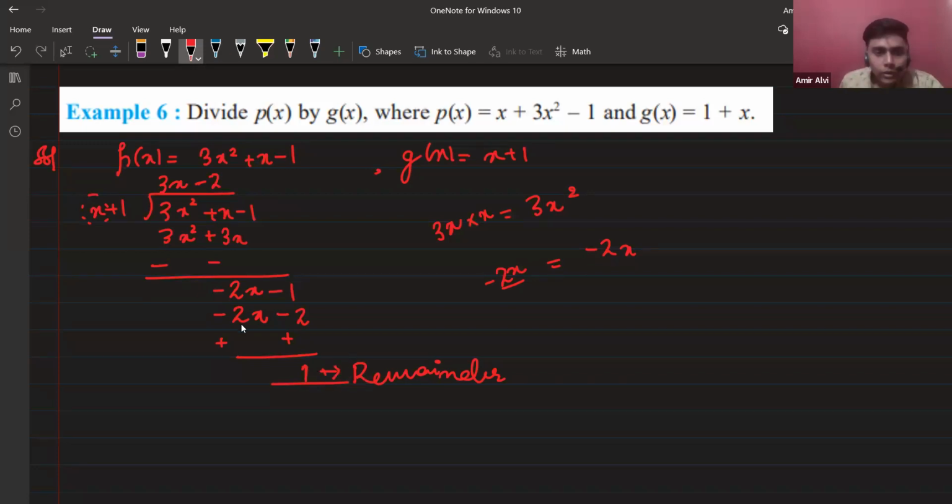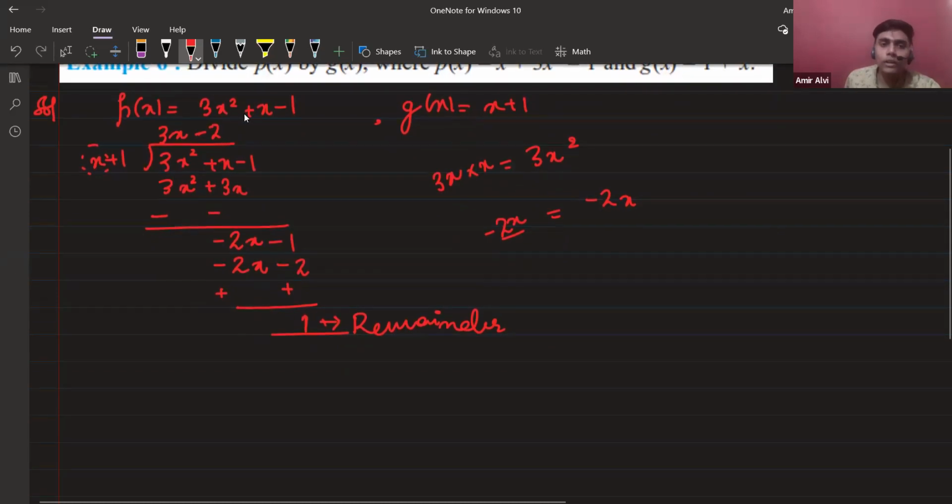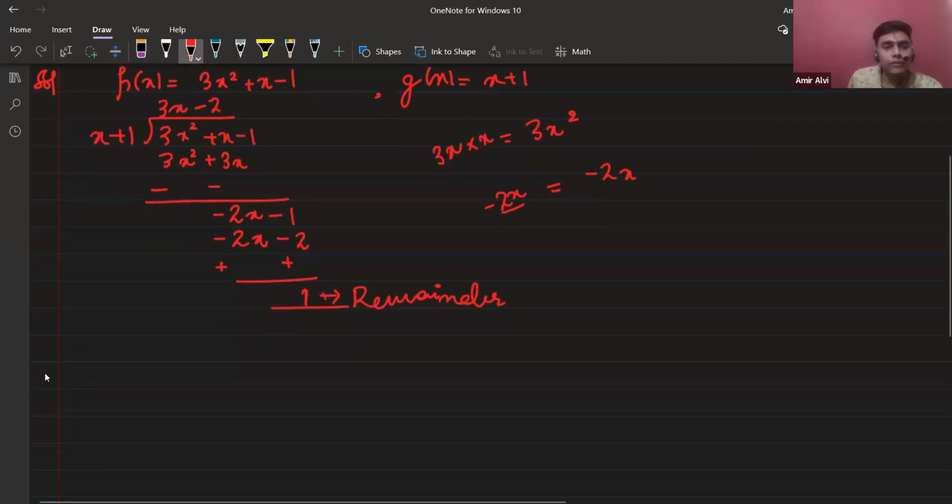Now if you have to verify that you have got the correct answer or not, you put the value of x, from the divisor x plus 1, into the polynomial, and you should get the value of px. I'm writing here verification. How will you verify that you have done it correctly?